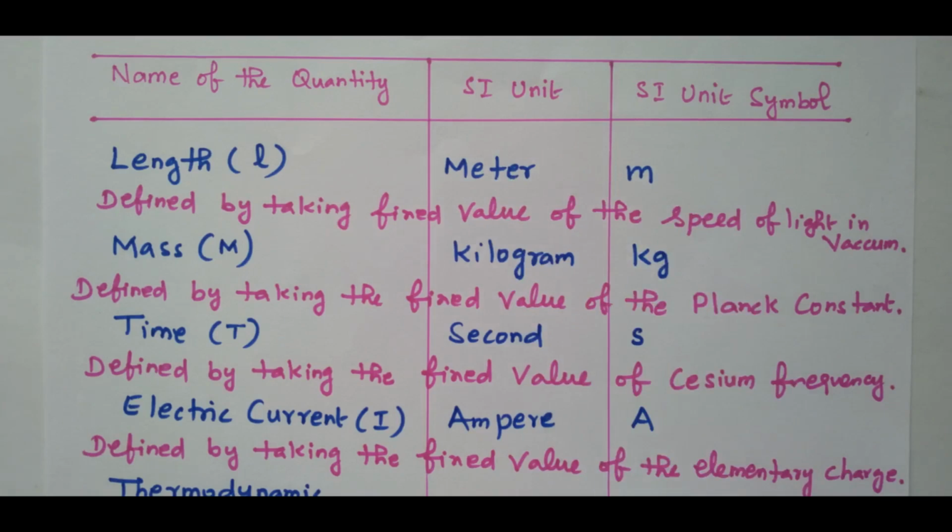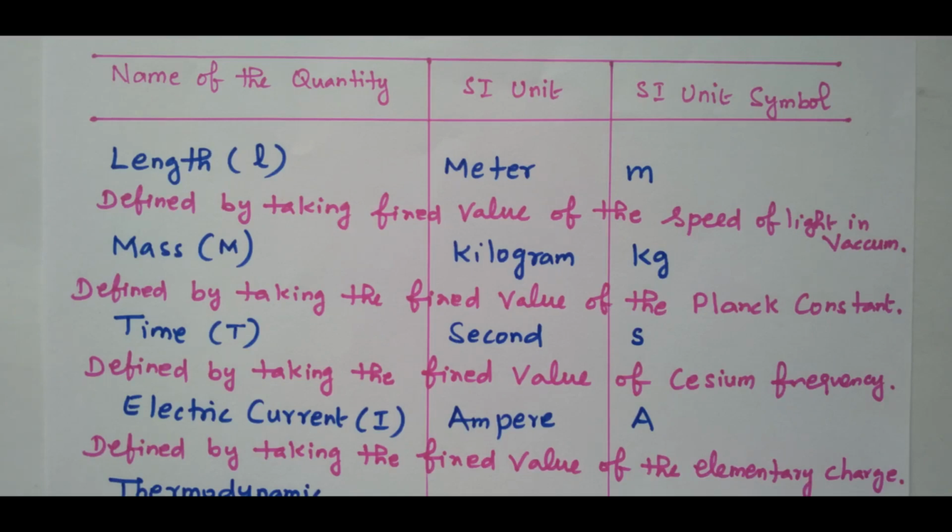How is it defined? How is length defined internationally? It is defined by fixing the value of the speed of light in vacuum. We know what 1 meter, 2 meter mean, but how is 1 meter internationally defined?